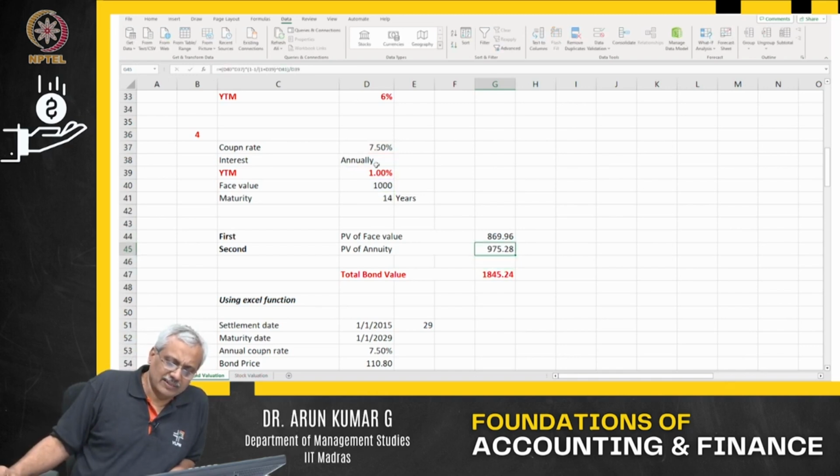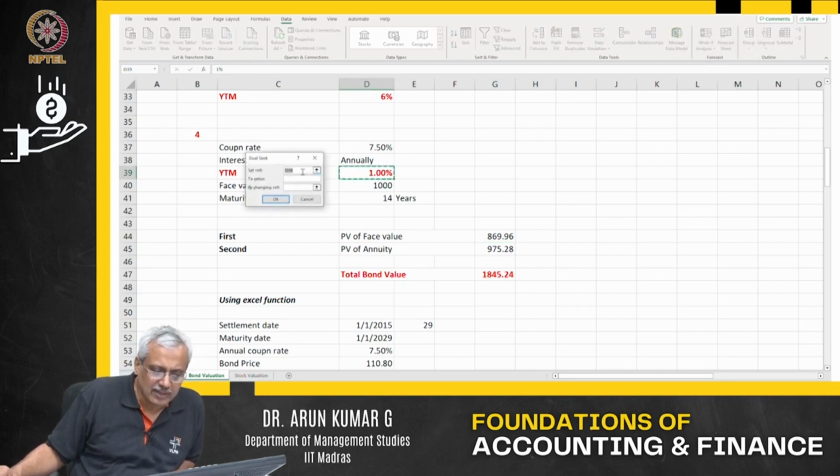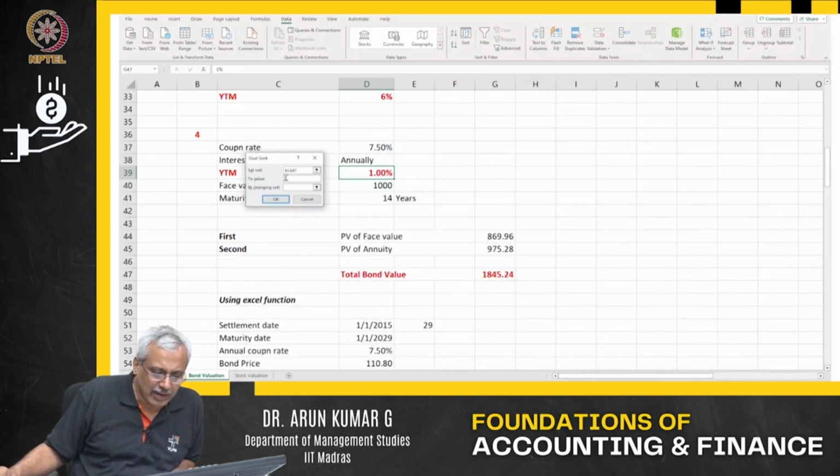Now that I have done this, I want to see what the YTM is. Let me go to the Data tab, then What-If Analysis, and say Goal Seek. What is the set cell? This is the set cell. Now what is the value? The value of the bond is given as 1108.15. I will enter 1108.15.